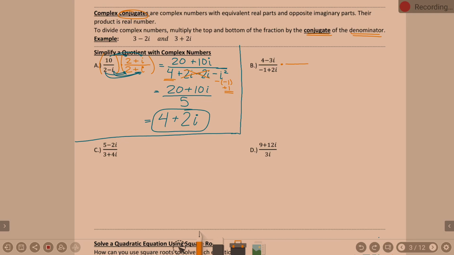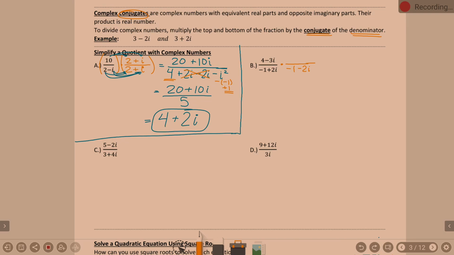It's currently -1 plus 2i. What does the conjugate change in that? -1 minus 2i. It changes just the sign in front of the imaginary part. So if it's -1 plus 2i, our conjugate is going to be -1 minus 2i.